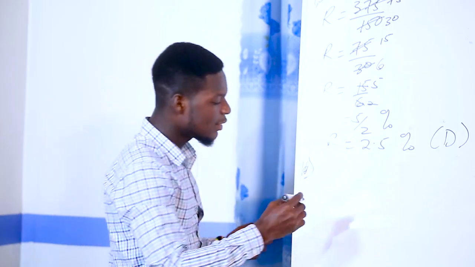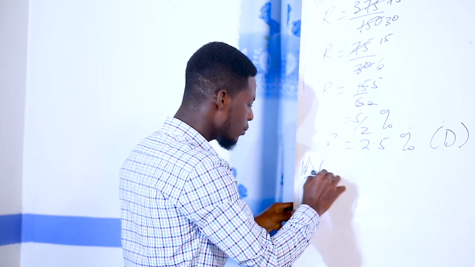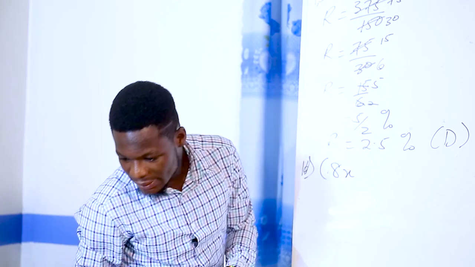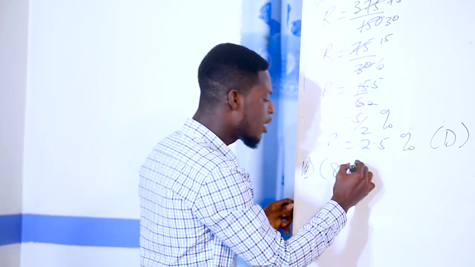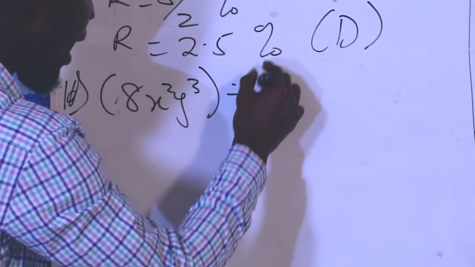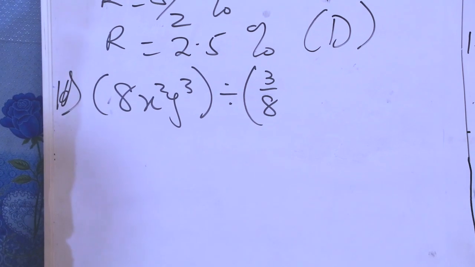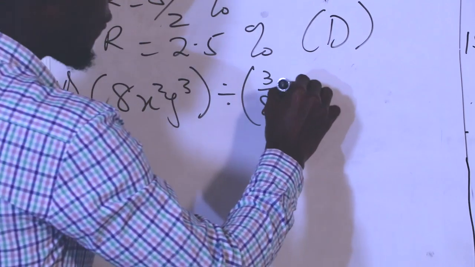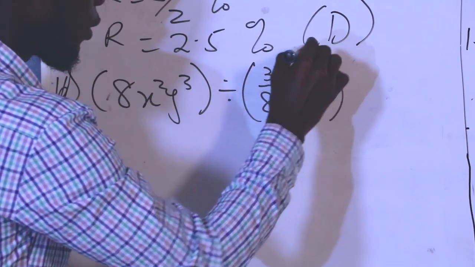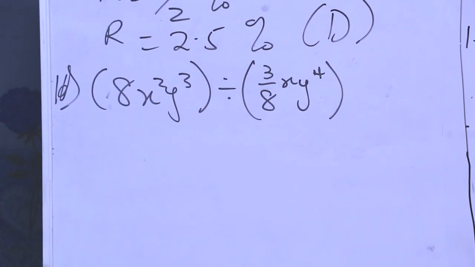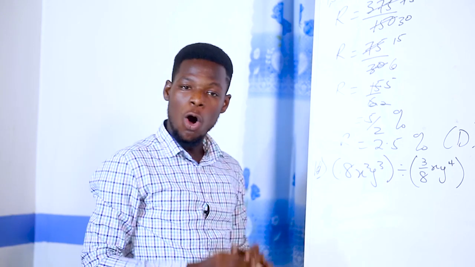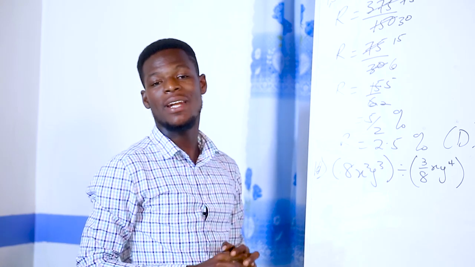All right, question 16. Question 16 says, simplify 8x squared y cubed times 3 over 8 x y raised to the power 4. Now, this is under indices or powers of numbers.